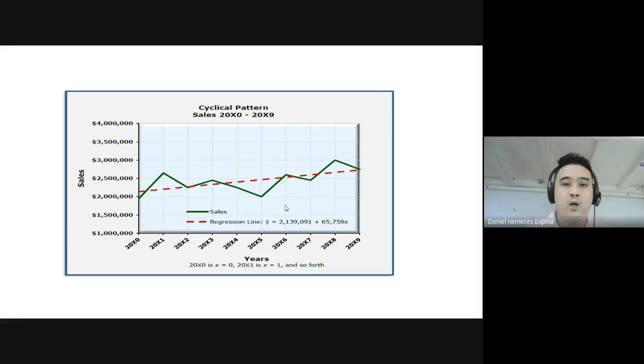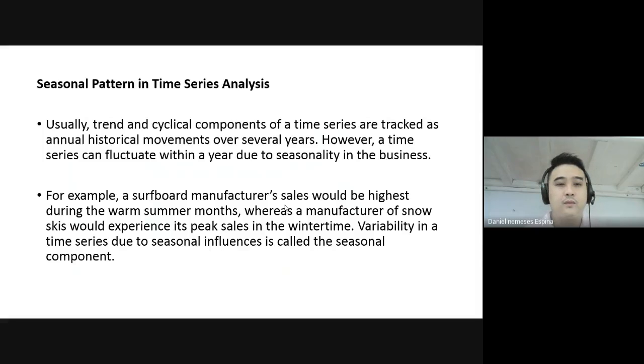So unlike in the trend pattern, you get more accurate results when you do the regression if the pattern is trend rather than cyclical.